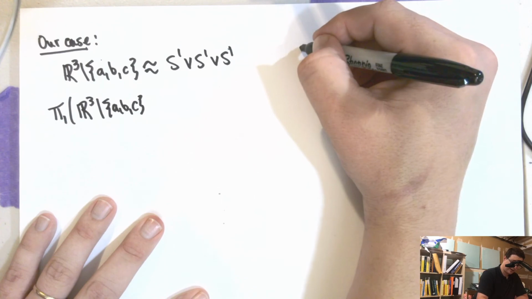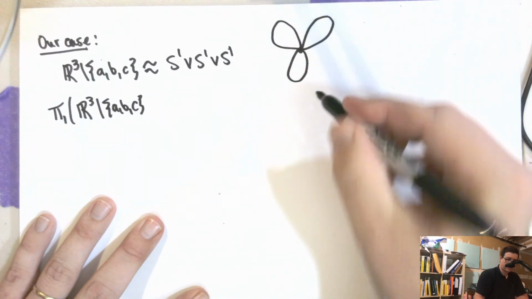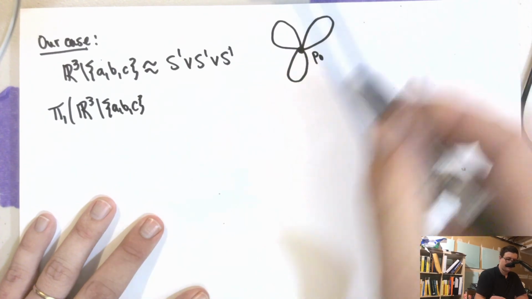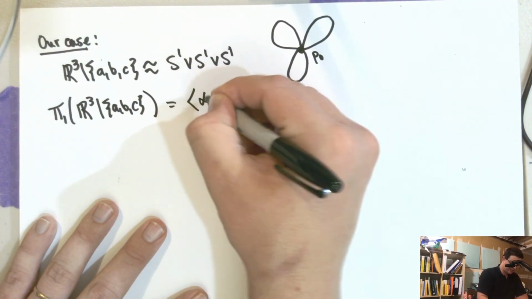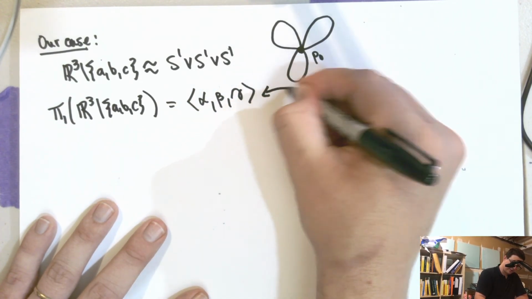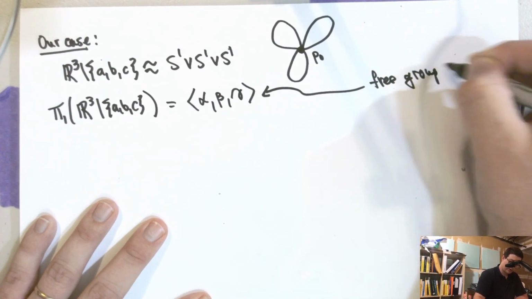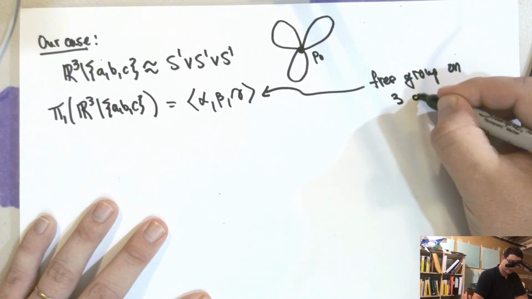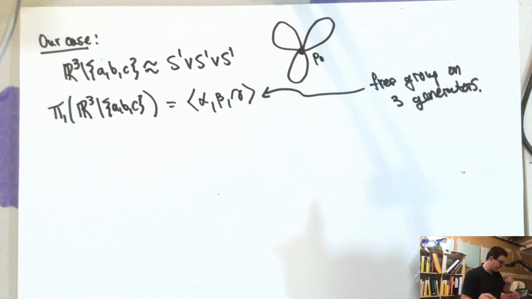Let's draw that. Okay, so that's 3 spheres. They meet at P naught. This thing here is a free group on 3 generators. So it's just all these words that we have here.